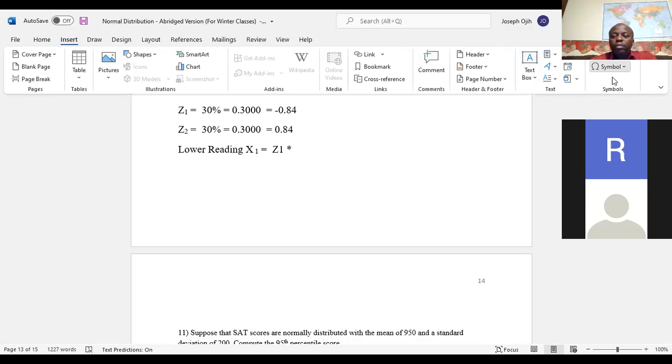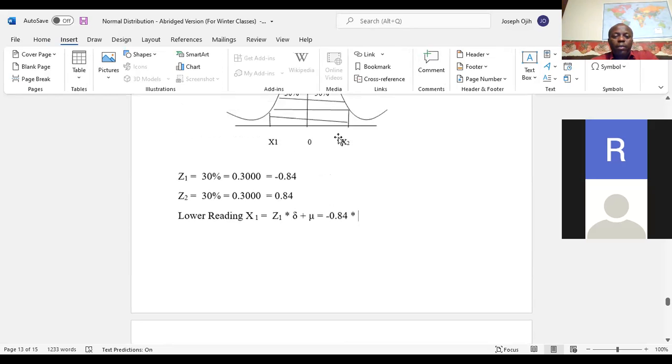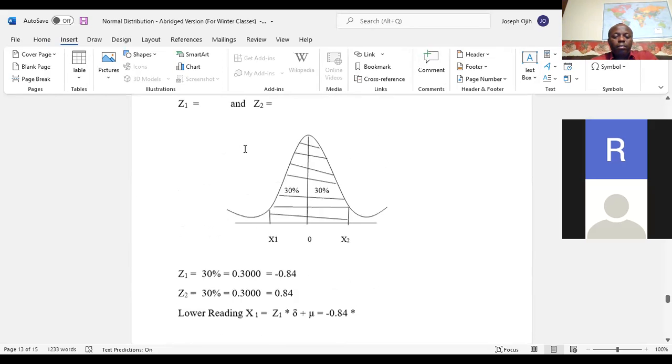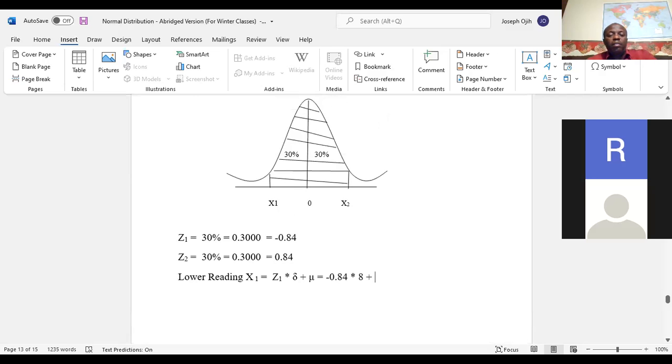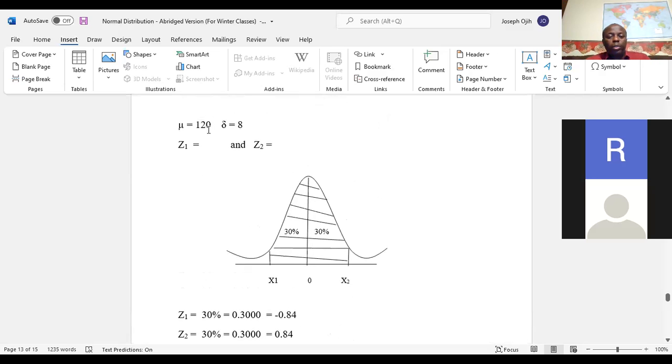Times standard deviation plus the mean, which is this one. So plug this in. Our z1 is negative, so negative 0.84 times the standard deviation, which is given as 8, plus the mean, given as 120.